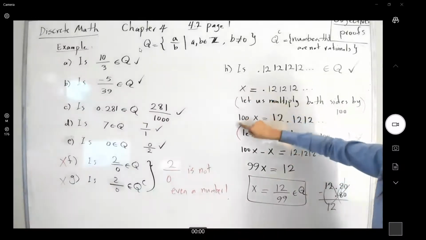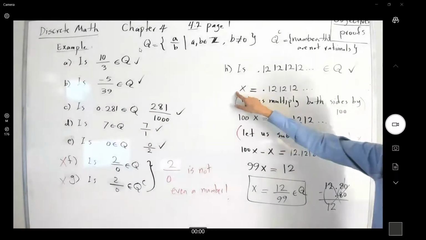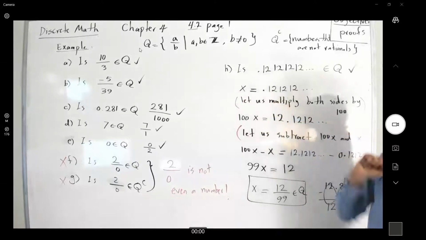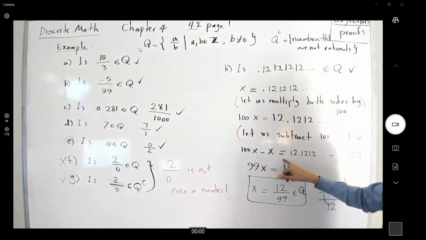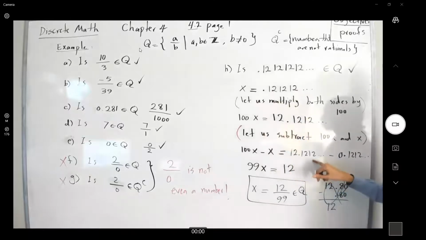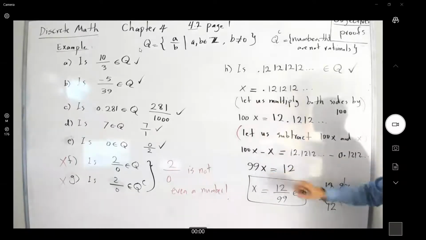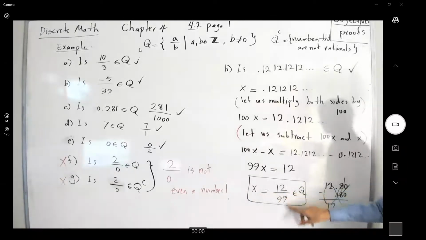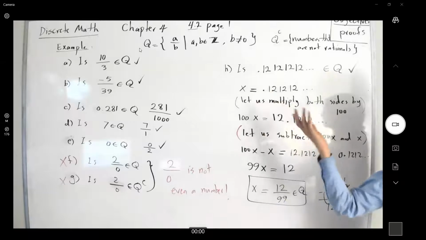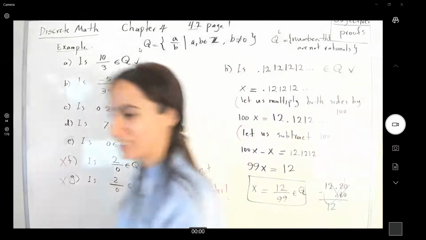Now we are subtracting x from 100x. So we get 100x minus x equals 12.12, 12, 12 minus 0.12, 12, 12. So 99x is equal to 12. It's like subtracting 12.80 and 0.80. The outcome is 12. So x is equal to 12 divided by 99, which is a rational number.